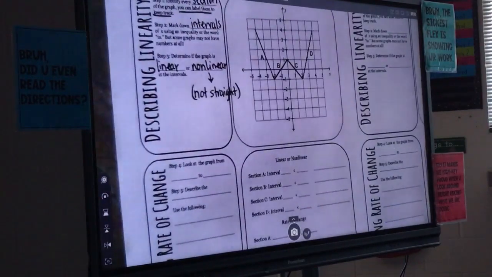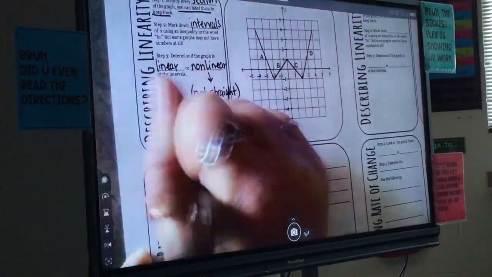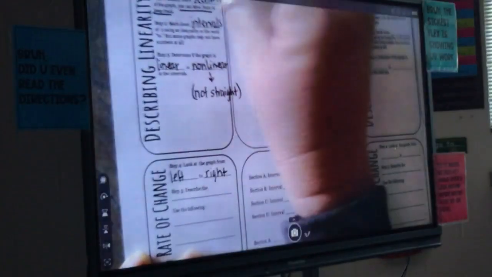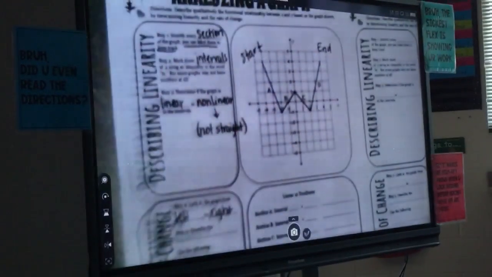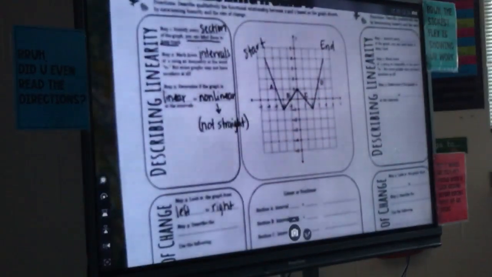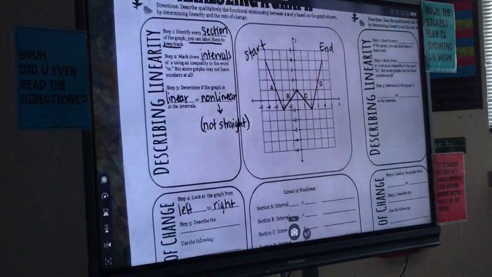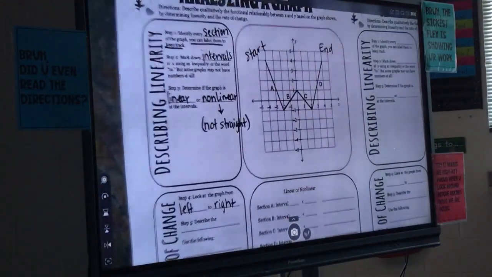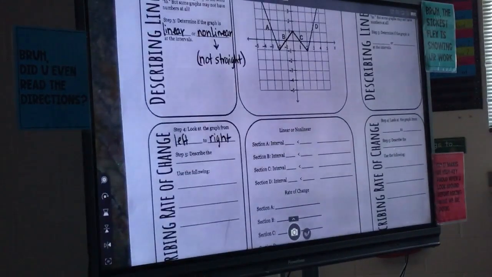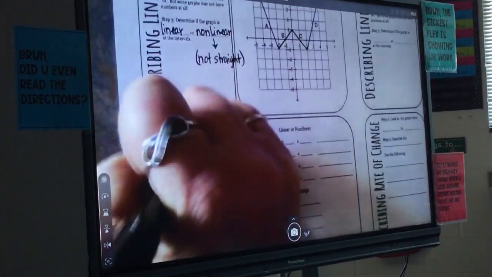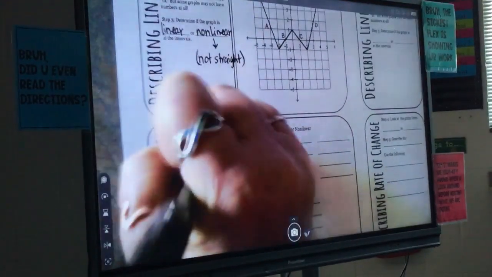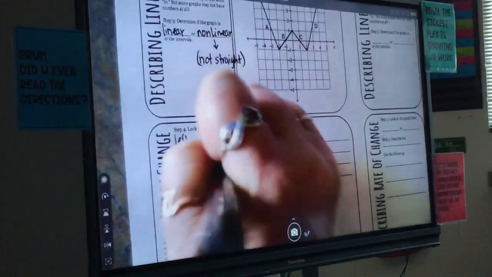All right, step number 4 says look at the graph from left to right. So you're always starting on the left side of your graph, you're always ending on the right side of your graph. And then you're going to describe the slope or rate of change.